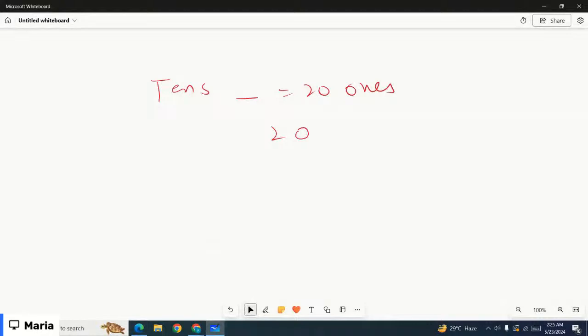So which digit is at the tens position? Two tens. The correct option is two, right? 20 ones means you have two tens. The correct option is two tens, right?